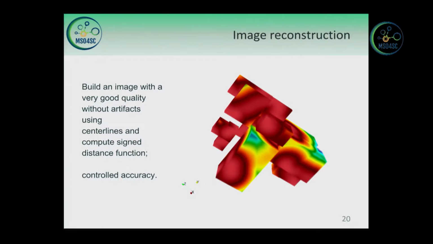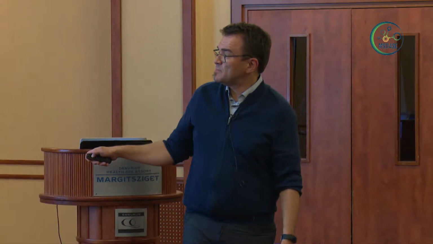We also have a clever algorithm where we build so-called distance functions. At a point inside the image, we will know at which distance we are from the boundary of the vessel. When it's blue, it means that we are inside the vessel. When it's red, we are outside the vessel.